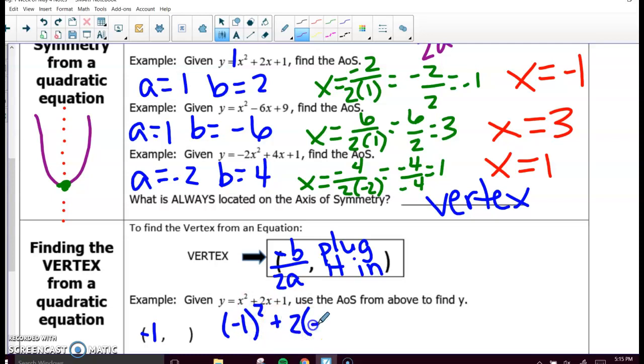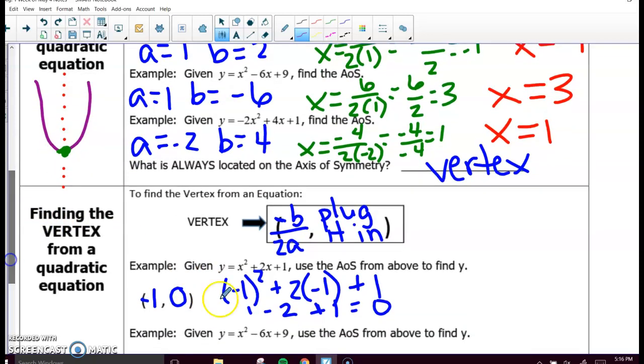And we always put that in parentheses. -1 squared is 1. 2 times -1 is -2. And then plus 1. 1 subtract 2 is -1. Plus 1 is 0. So the y value of my vertex is 0.